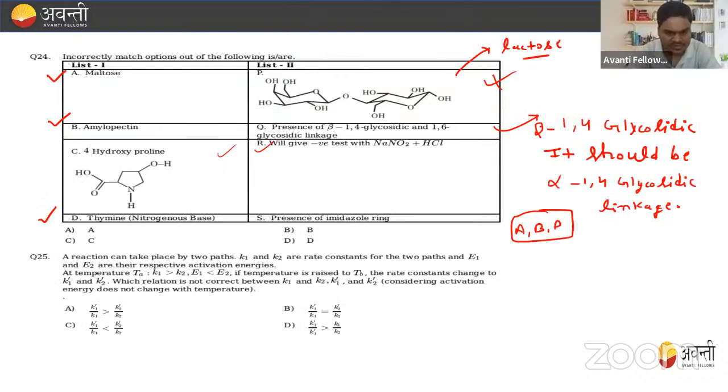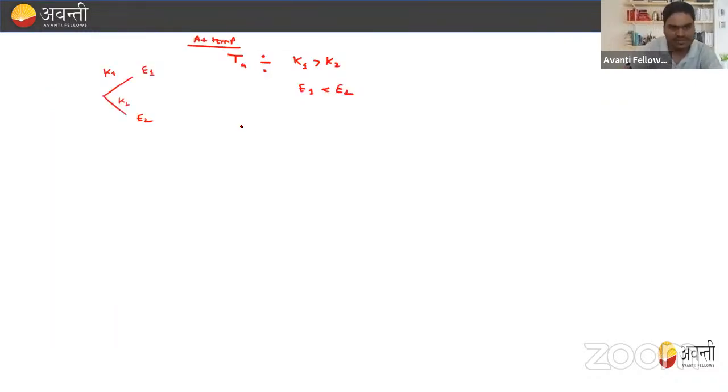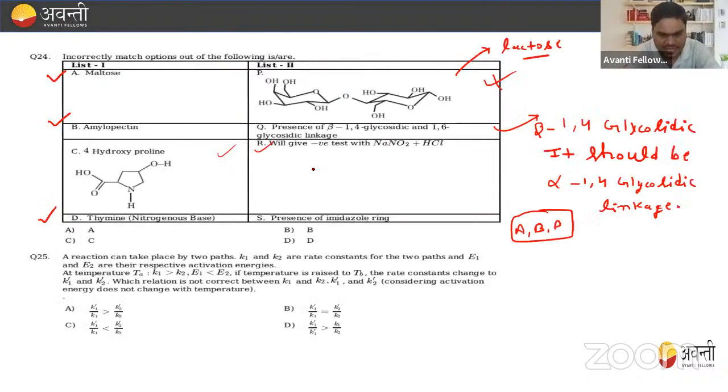This is already given. Now, if the temperature is raised to TB, the rate constants change to K1 dash and K2 dash. Which is the correct relation between K1, K2 and K1 dash, K2 dash, considering the activation energy does not change with temperature? You have to consider that the activation energy does not change with the temperature.